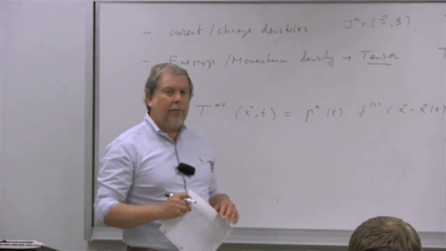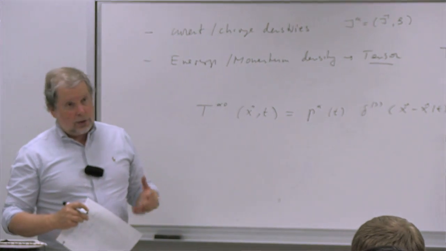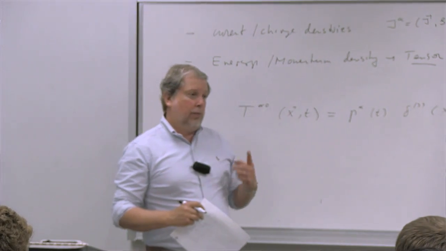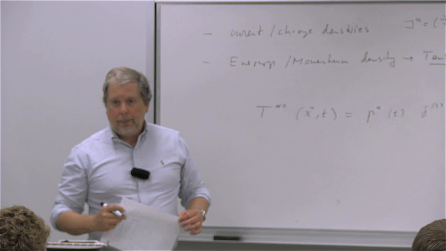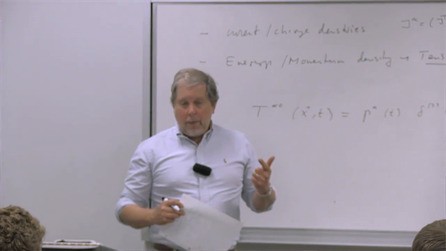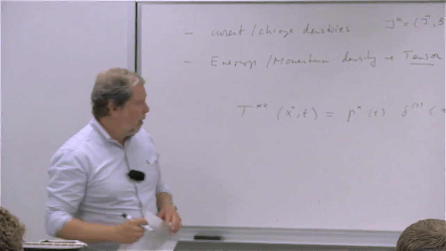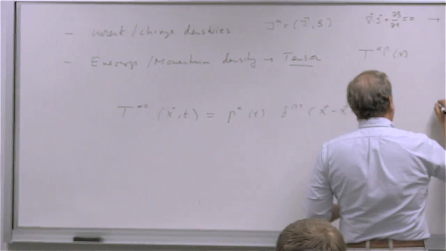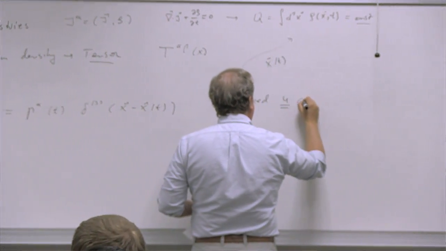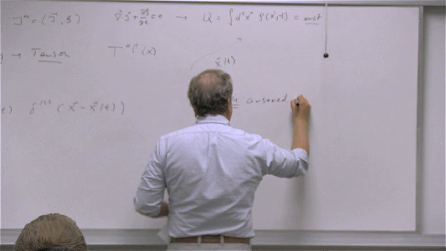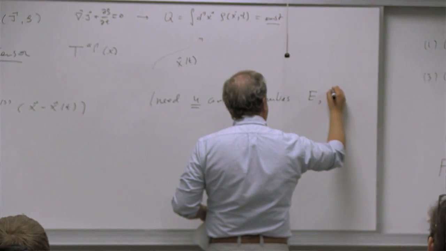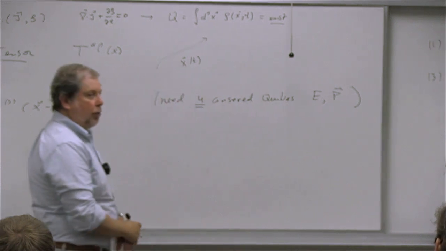So what is conserved when you talk about conservation laws for energy and momentum? Not one charge, not Q, but instead 4. And which are the 4? The energy and, of course, the momentum, which has 3 components, right? So we need 4 conserved quantities, right, which are the total energy and the total momentum.